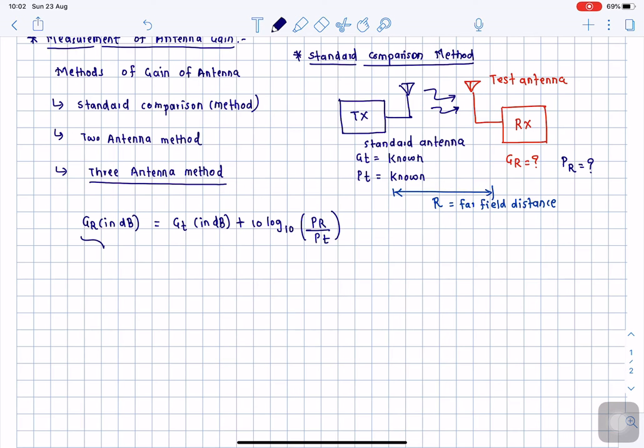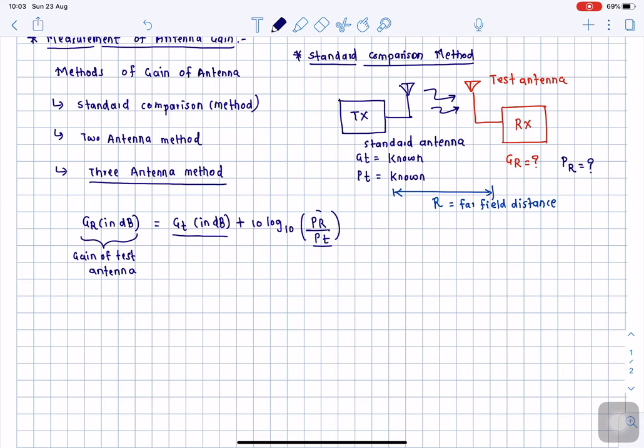So this we want to calculate, that is the gain of the test antenna. On the right hand side, if you see, the gain of the standard antenna is known, right, and we know what the transmitted power PT is. And we want to measure the received power.